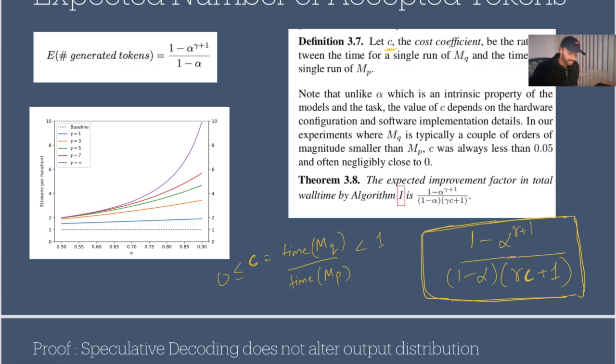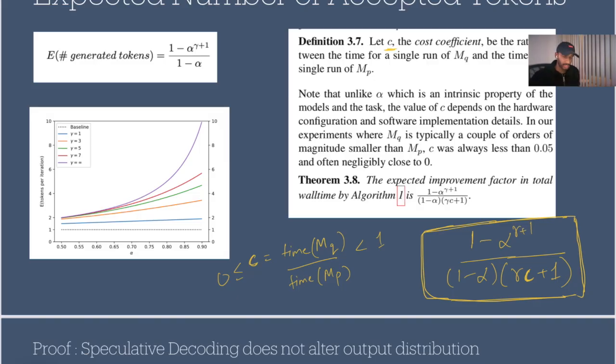And C increases when the size of MQ also increases. But when size of MQ increases, alpha increases, right? So to be able to increase alpha, maybe we would need a bigger MQ. But having a bigger MQ might actually reduce the expected wall time improvement factor.